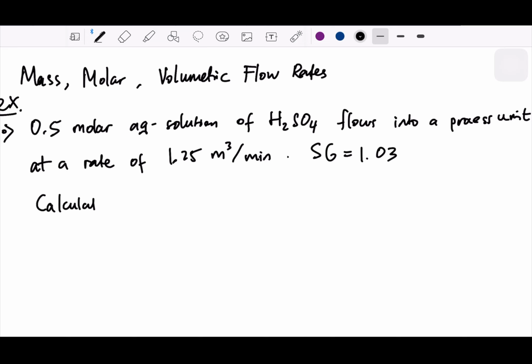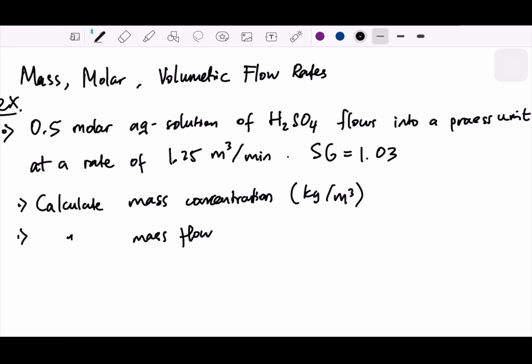Calculate mass concentration in kilogram over meter cubes, and then calculate mass flow rate of the compounds in kilogram per second, and then calculate mass fraction.